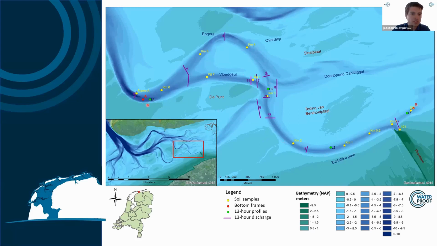In the red, there are two locations where we had bottom frames, where flow velocities and sediment concentrations were measured over the full 5-week period of the campaign. Then in green, there are 4 locations where vertical profiles were measured of sediment concentration and velocities during 13 hours. I will get to that in a later slide. And then we also did discharge measurements on the purple transects.